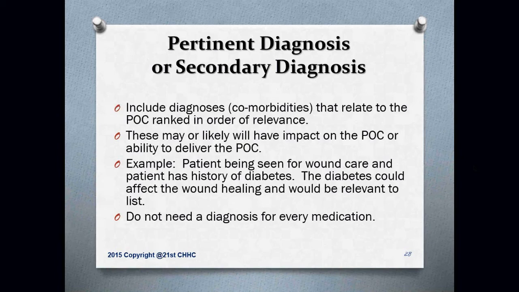You would want to list that diabetes because it is a secondary diagnosis and a comorbidity that could impact the outcome of your wound care. And lastly, a lot of people are under the assumption that you need a diagnosis for every medication you have, and that's not true. Be aware, too, that a lot of medications are used off-label, so it may not be for the actual listing on the FDA for that drug, so you need to be aware of that as well.